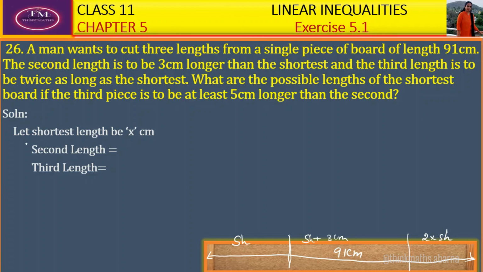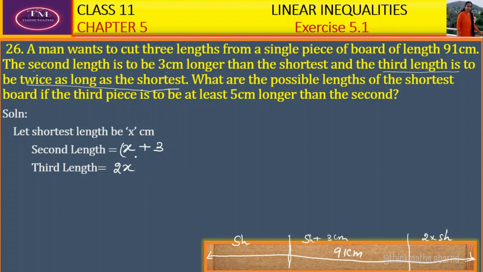Okay, let me write the solution. Let the shortest length be x centimeter. So what is given? The second length is to be 3 centimeter longer than the shortest. So 3 centimeter longer means we have to add 3. And third length is twice as the shortest. So 2 times shortest.